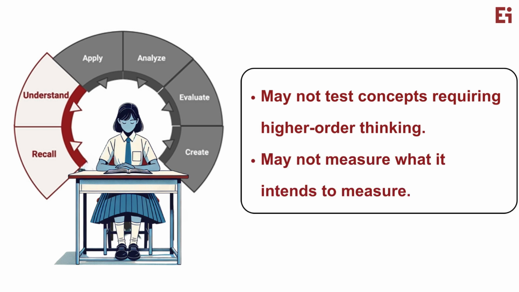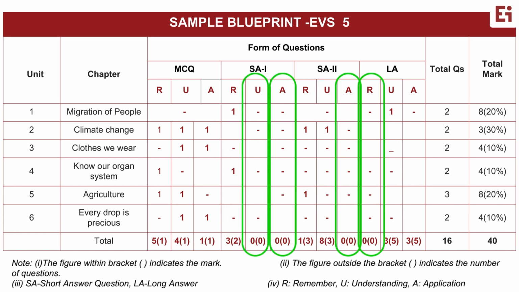For example, in this blueprint, no MCQs and short answer test items measure the ability to understanding and application, and no long answer question tests for remembering. Therefore, the test paper would be unbalanced.